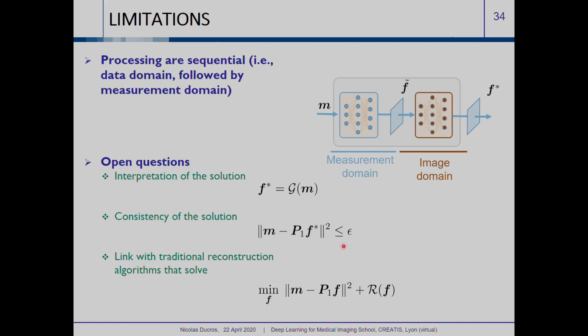If it's lower than epsilon, the solution is consistent, but if it's larger, the solution may not be consistent with the measurement, which would be a problem.